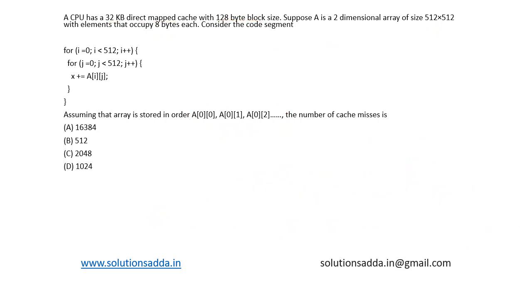So for i equal to 0 to i equal to 512, the number of misses can be calculated as number of iterations into number of misses in one iteration.